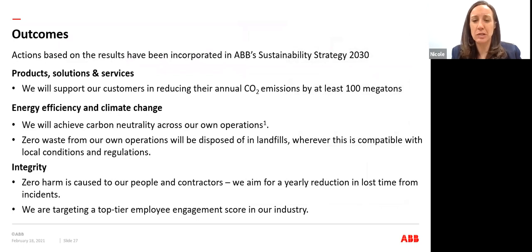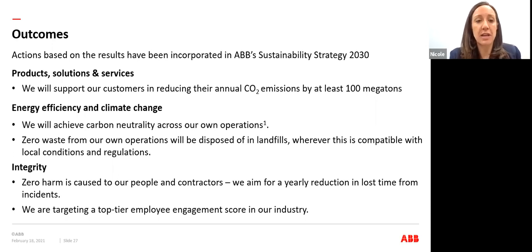And this is public too, so we can always share the link, or you can search it too. If you just Google ABB Sustainability Strategy 2030, it is public information and you can see this as well.